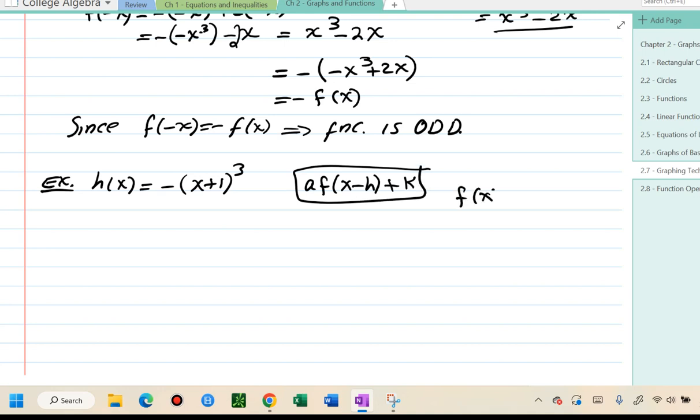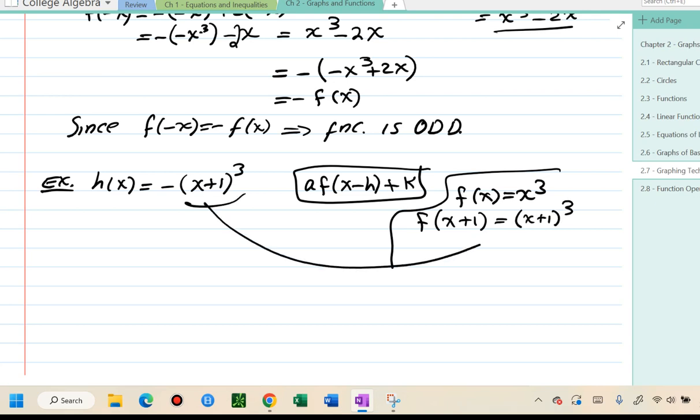So if I let my f of x be the cubing function, underneath all this I can see the cubing function as the prevailing function. So what does f of x plus 1 look like in here? F of x plus 1 is when you replace x with x plus 1. You see that?